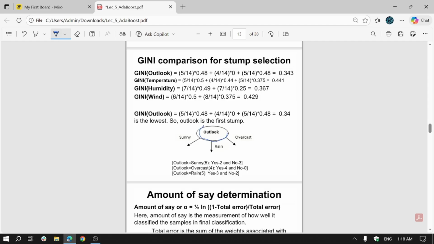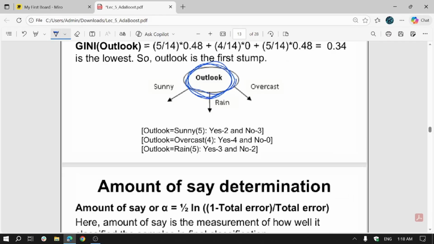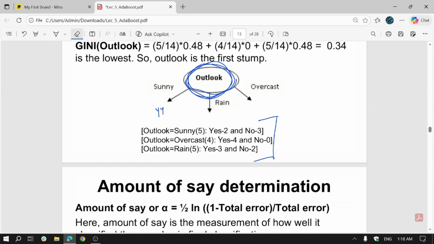Here is the main point: you have to take a decision. In sunny, there are 2 yes and 3 no. So the majority decision is no, so the answer should be no, but there are 2 yes.